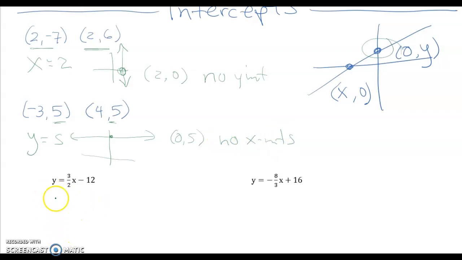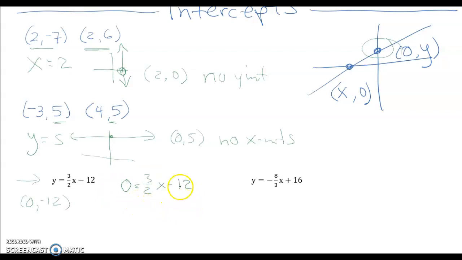Well, here's our best friend, mx plus b. Right off the bat, we like mx plus b because we know that our y-intercept happens when x is 0. We plug it in, negative 12. To find our x-intercept, the x-intercept happens when y is 0. So we're really doing a substitution.